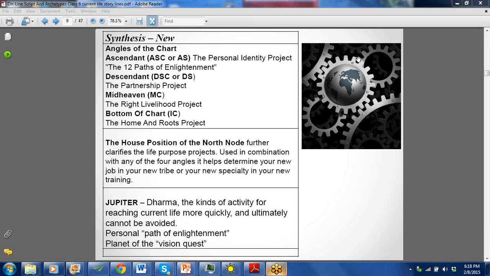Now, another thing that I wanted to bring up that is foundational for this class. The rising sign, or the storyline for current life purpose, we must remember, is fresh. In almost all cases, it's something new.